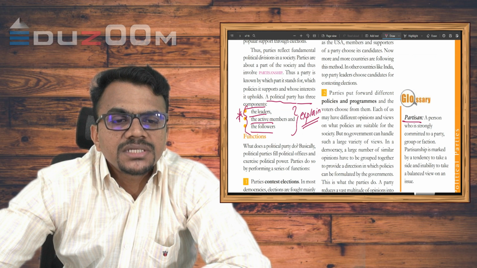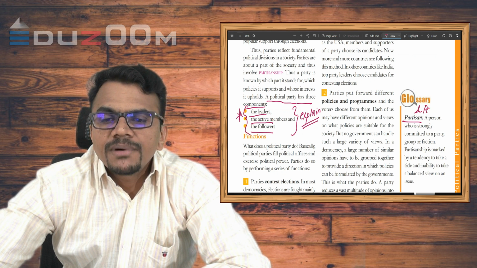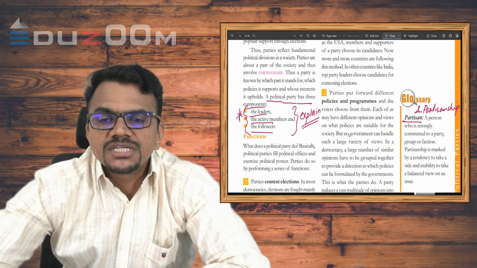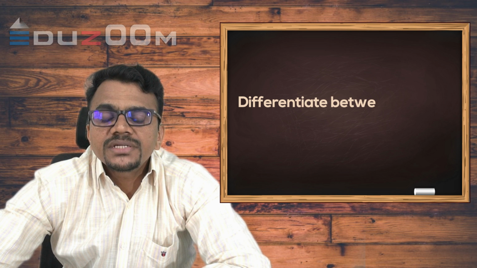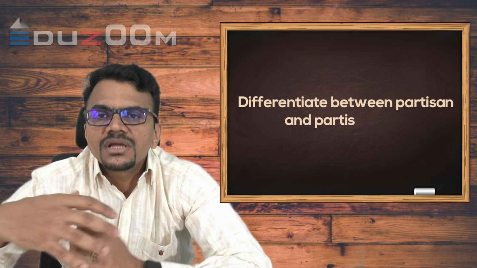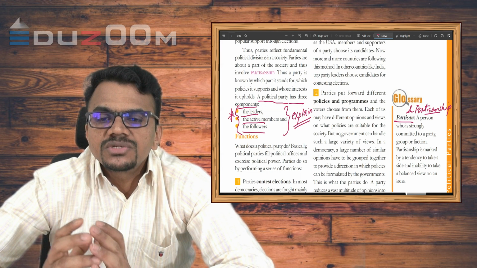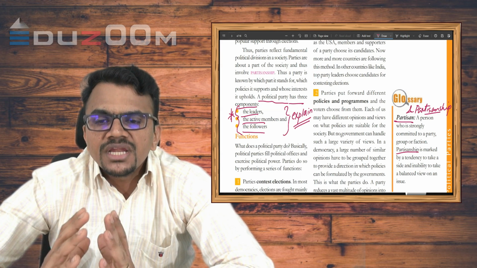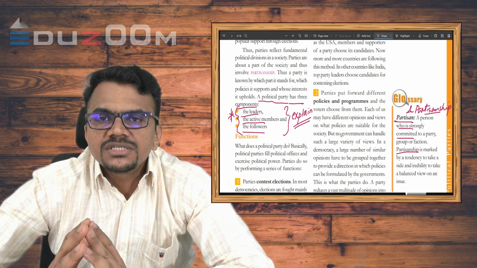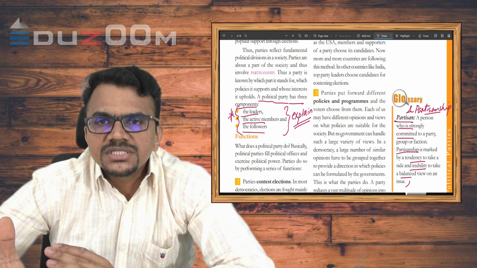Then partisan and partisanship. It can be asked to differentiate partisan and partisanship. A partisan is a person who is strongly committed to a party. Partisanship is a tendency to take a side or an inability to take a balanced view, like member and membership.